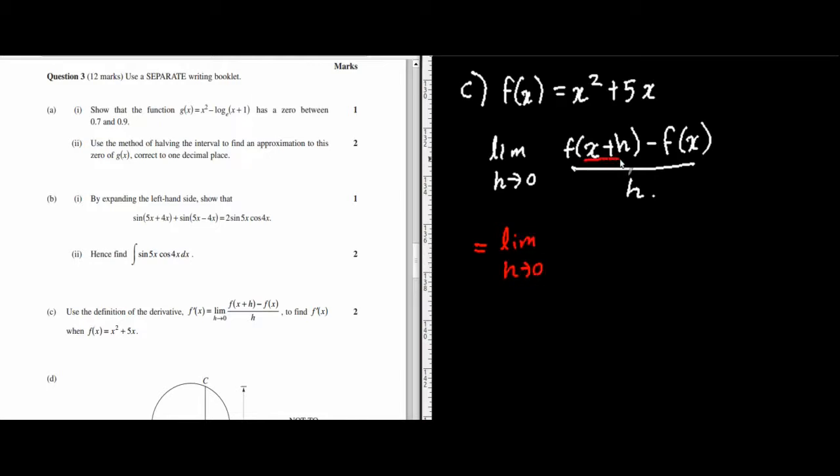Remember, with x plus h, I'm replacing all the x's with x plus h. This means when I replace x with x plus h, this gets squared over here, and then I go plus 5 times, instead of writing x, you write x plus h. That's the idea behind this. And then minus f of x, so it's going to be minus x squared minus 5x. So this part is just the original function, but minus of it, all divided by h.